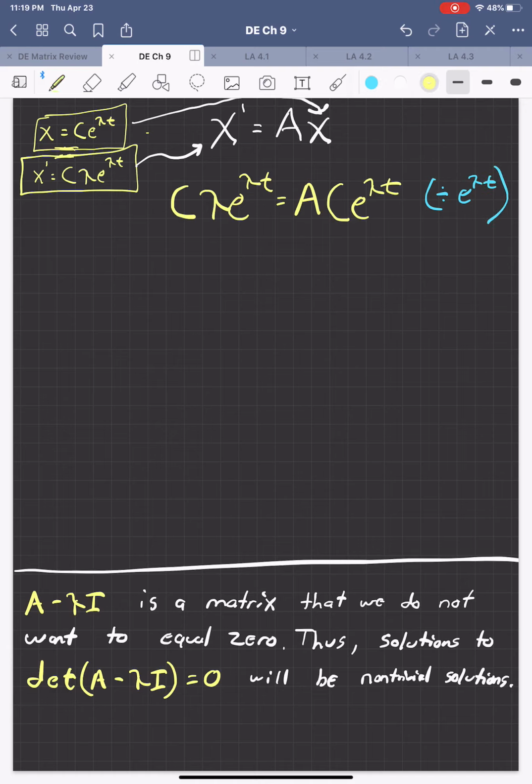So now we just have C lambda is equal to A C. And again, just keep in mind that C is equal to the vector c sub 1, c sub 2. Now, again, how do we get to solutions? Well, at this stage, let's set it equal to 0.